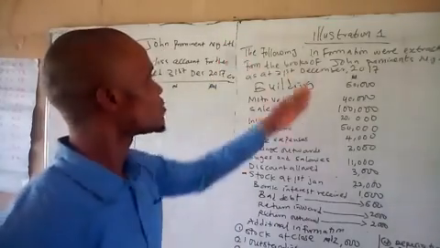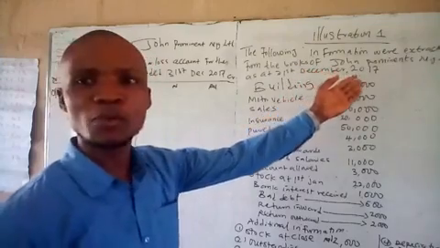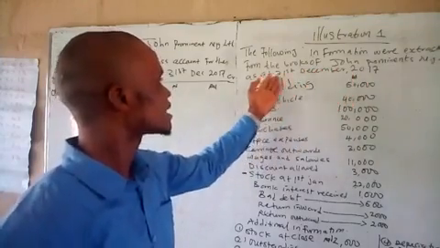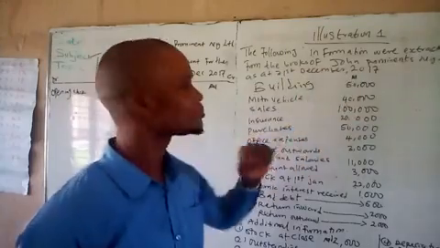They say the following information were extracted from the books of John Prominent Nigeria Limited, as at 31st December 2017.